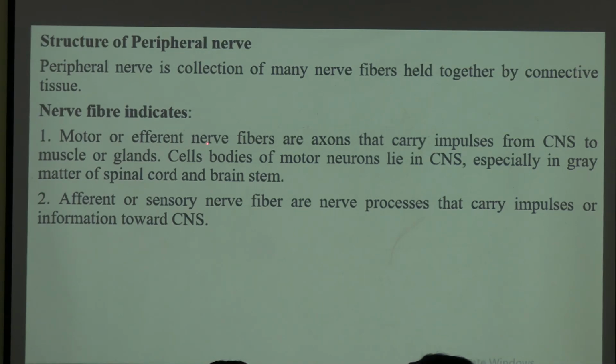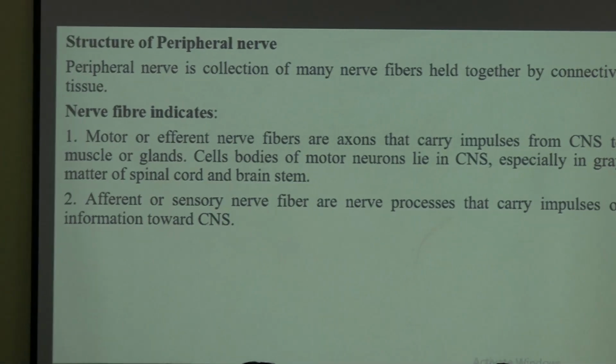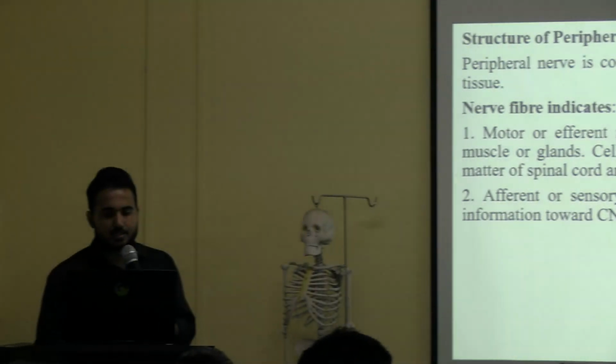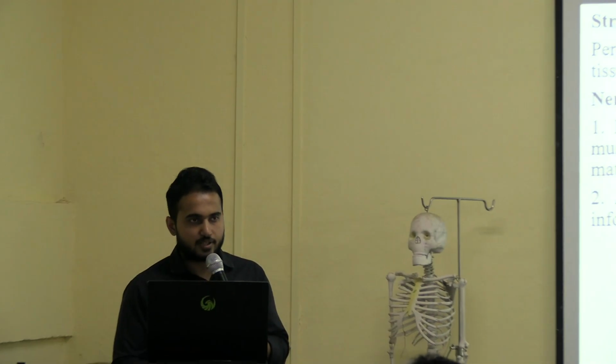Motor fibers are also called efferent fibers. Sensory fibers are also called afferent fibers. In motor fibers, the axon carries impulses from the central nervous system to the muscle or gland. That is the efferent. And if impulses are carried in the opposite direction, from the effector organ towards the central nervous system, then it is the sensory or afferent fibers.